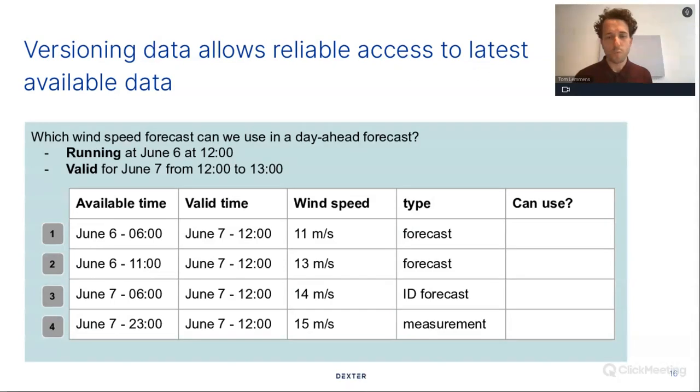There are 4 options you can choose from. First one is June 6th, 6 in the morning. Second, 11 in the morning, still a forecast. Third is the intraday forecast, issued June 7th at 6 in the morning. And finally, June 7th, at the end of the day, you actually have a weather measurement. Which of these 4 should you use for your day ahead forecast?